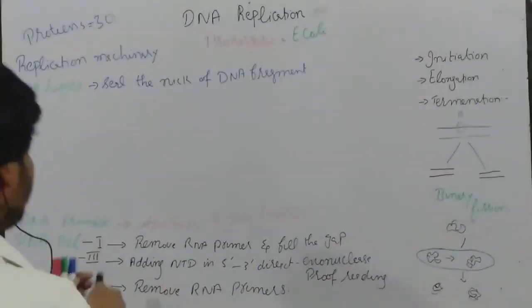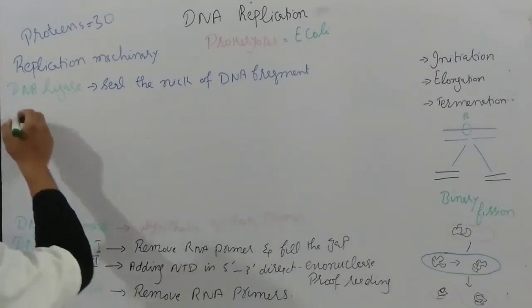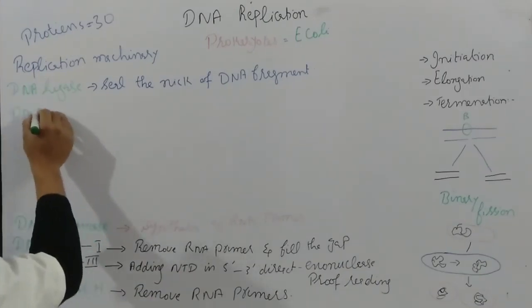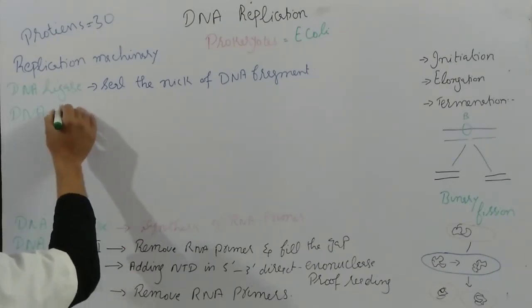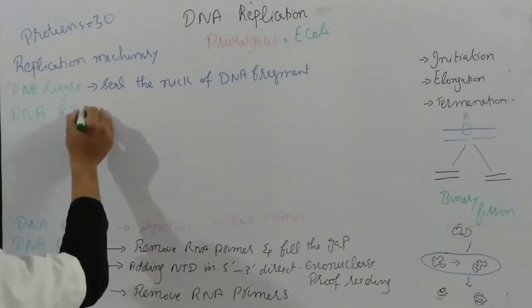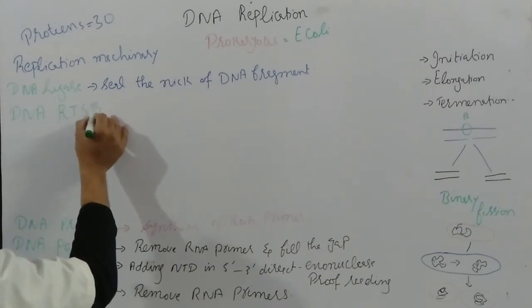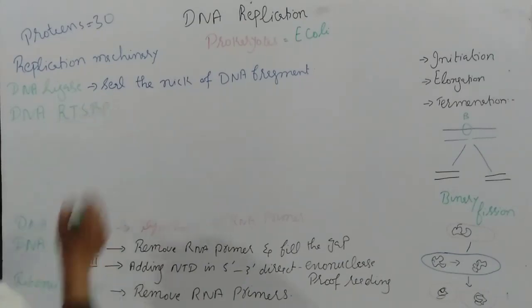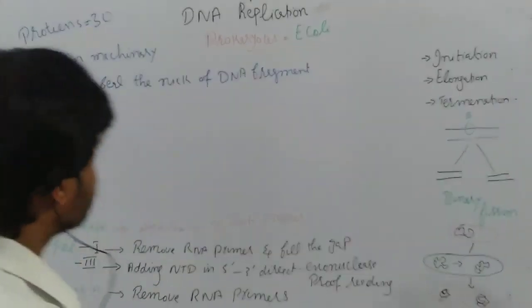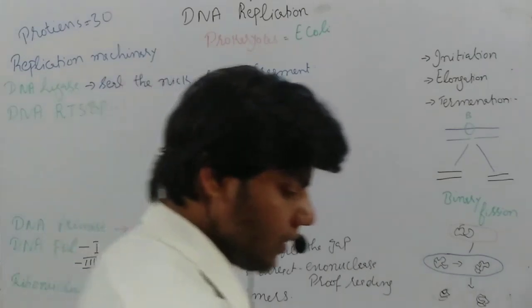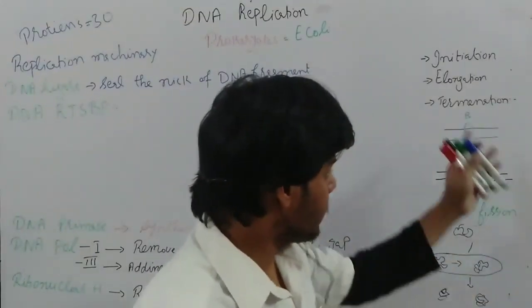Then we have another protein, which we call the DNA replication termination site binding protein, in short RTSBP. These kinds of proteins are especially involved in the termination stage.